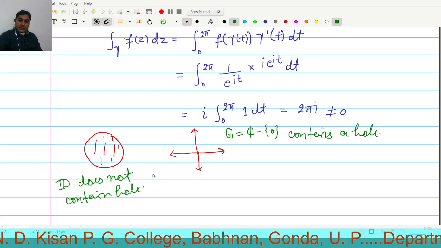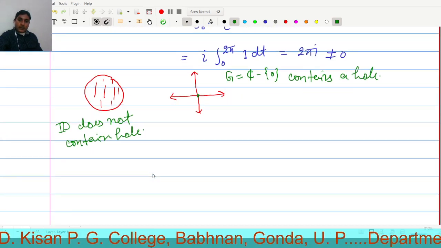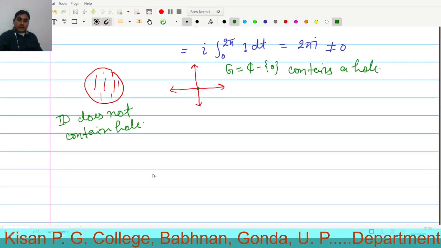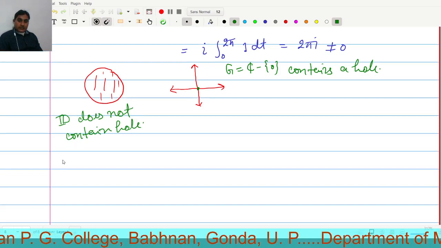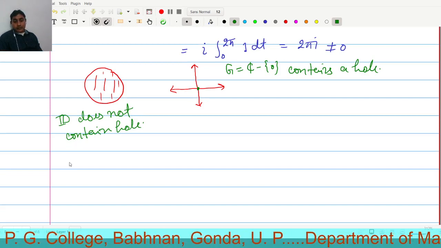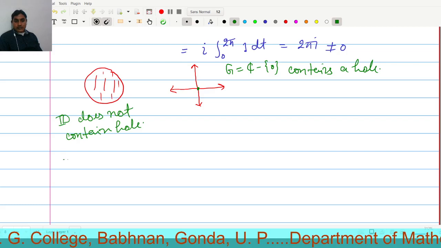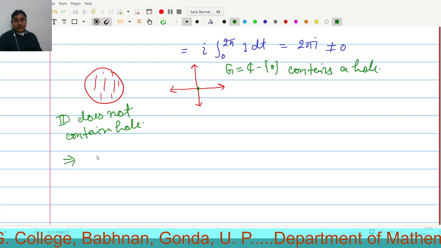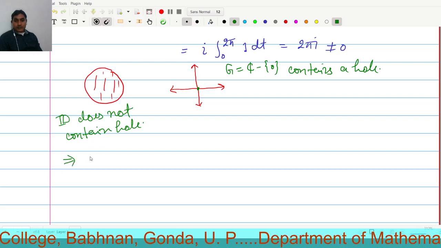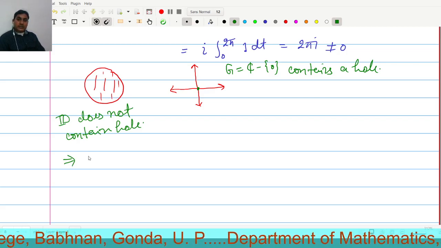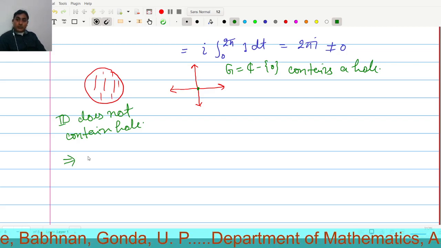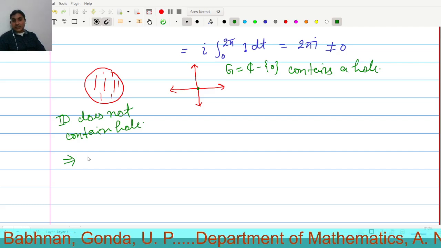So in general, one can prove a result that this Cauchy theorem is true for those regions which are simply connected.